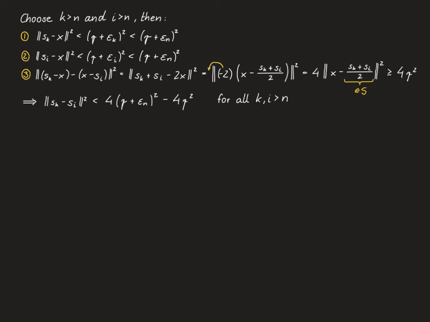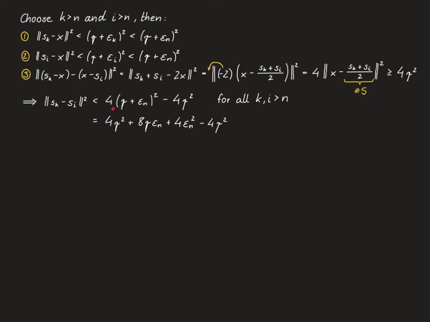Substituting these 3 bounds into the equation from the previous page, we get that the squared norm of sk minus si is less than 4 times (gamma plus epsilon n) squared minus 4 gamma squared for all indices k and i greater than n.